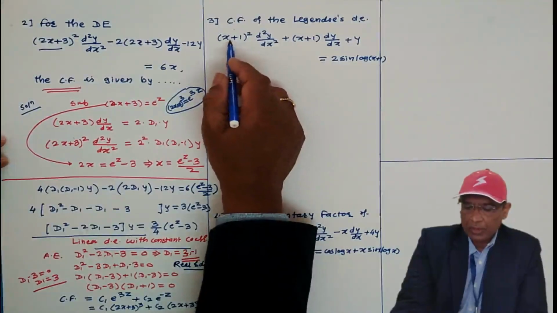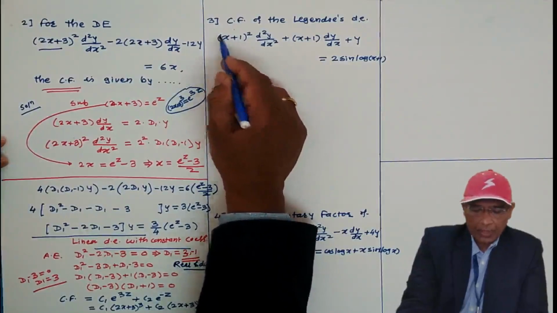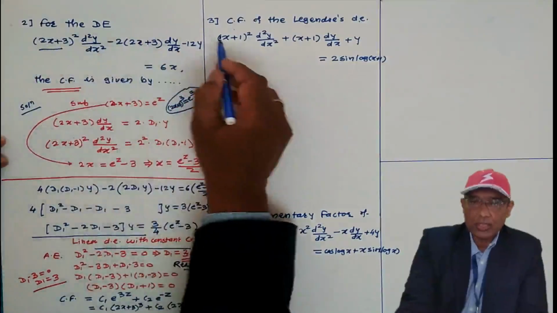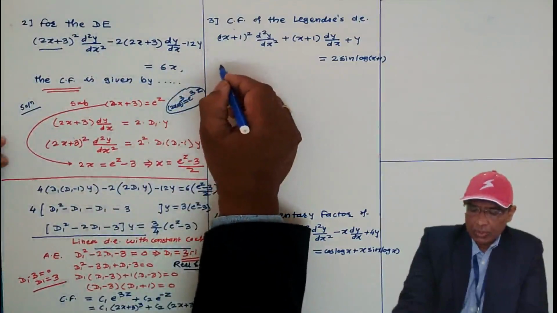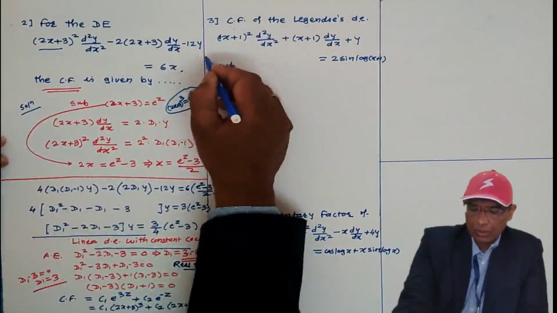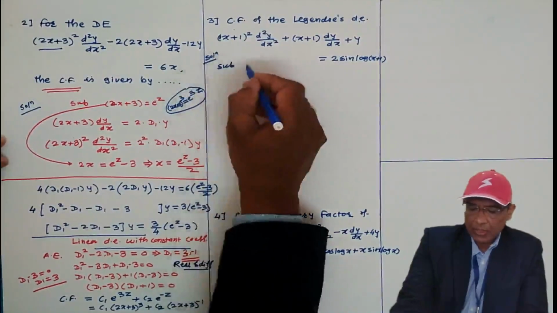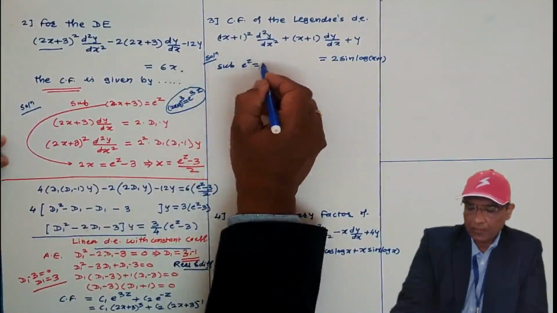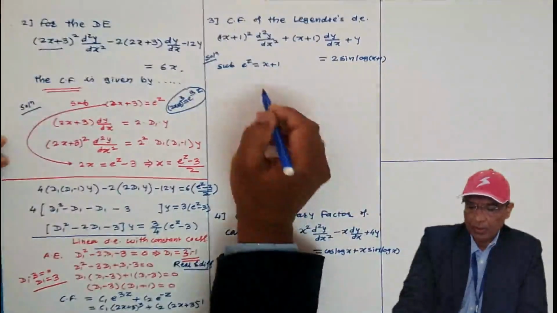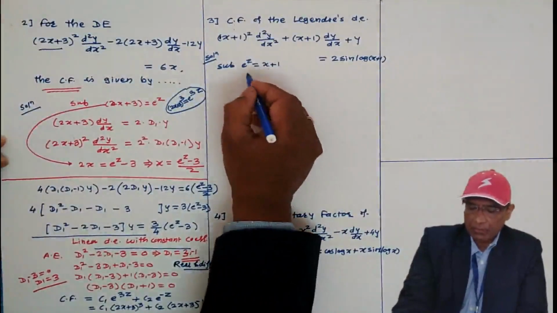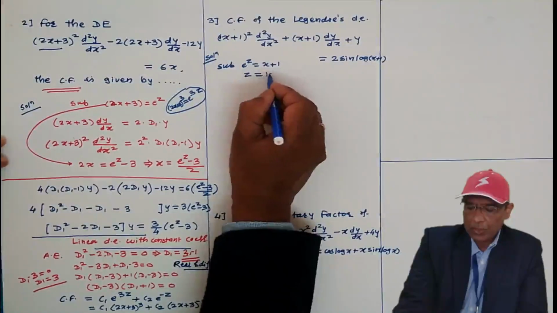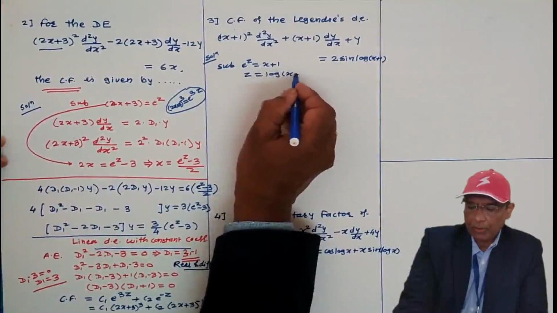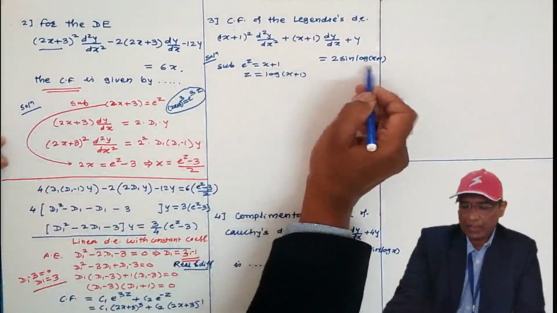Here substitute, here a is 1. See, here a is 2, here a is 1. To substitute, we are substituting e raised to power z equal to x plus 1. E power z is x plus 1. Therefore, z equal to log of x plus 1, because log of x plus 1 term is present on the right hand side, that's why I have written.